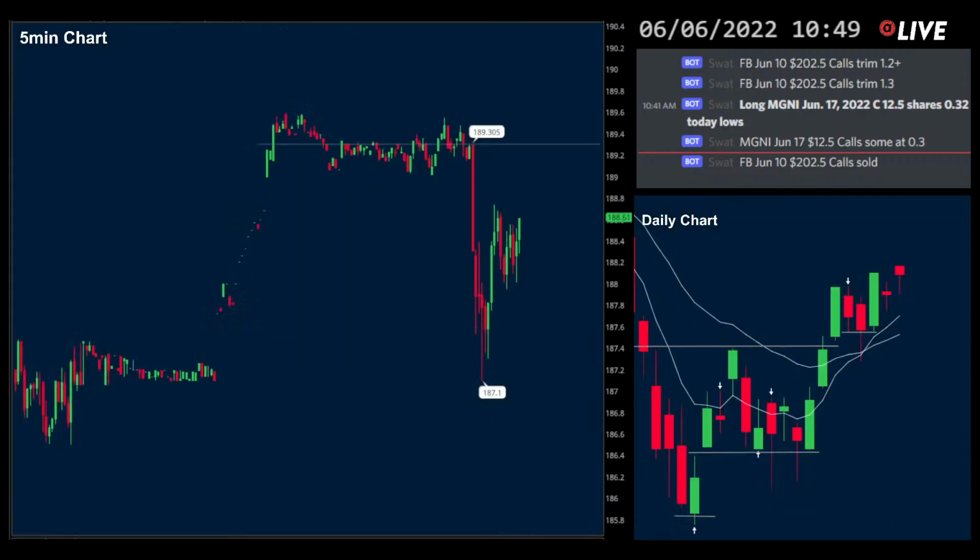IWM trying now to squeeze. Some flow on the calls, 188 on IWM. But needs to go.